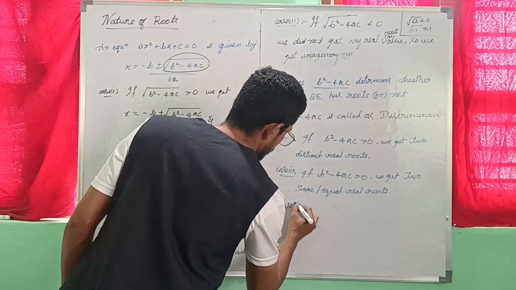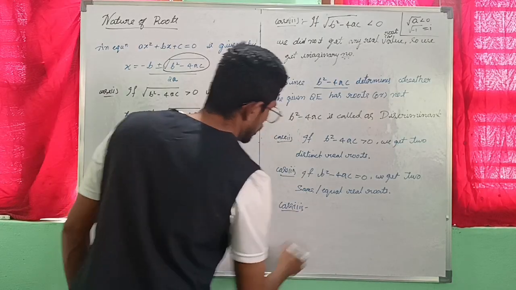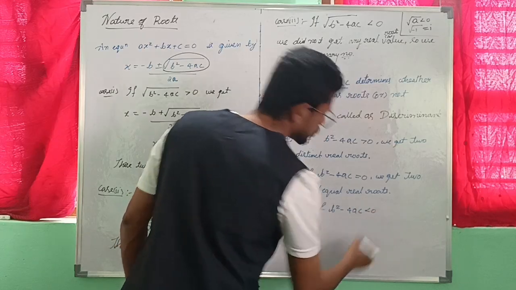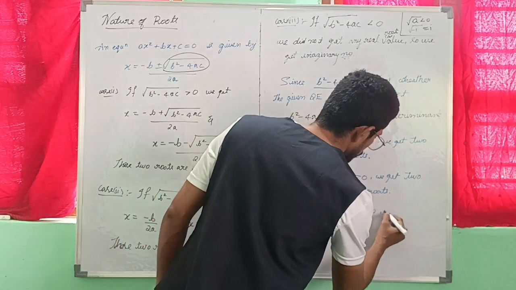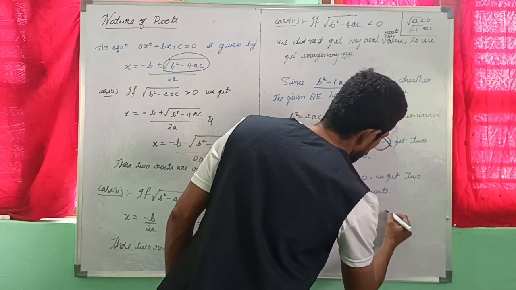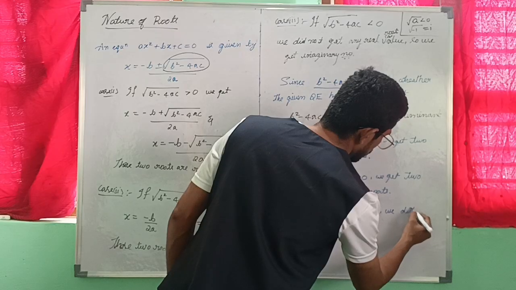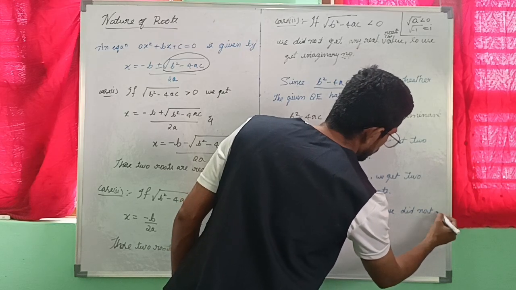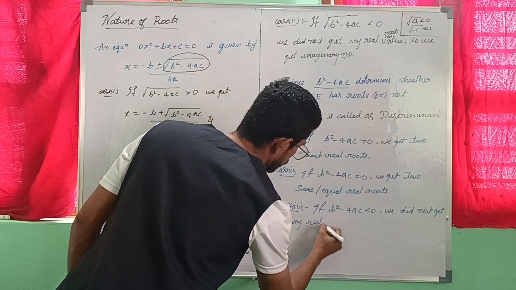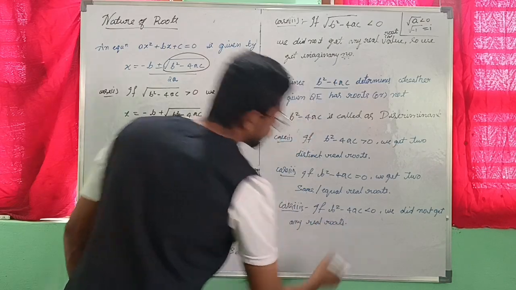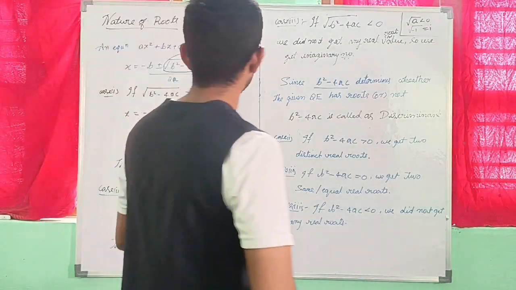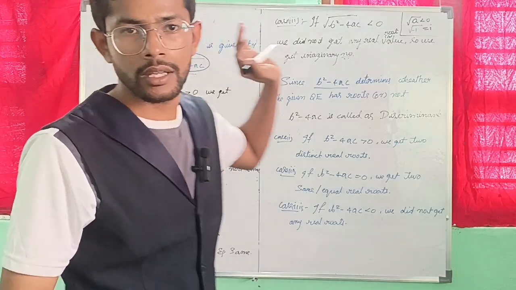And case 3 is, if b square minus 4ac is less than 0, we do not get any real roots. Okay, so this is the nature of roots.